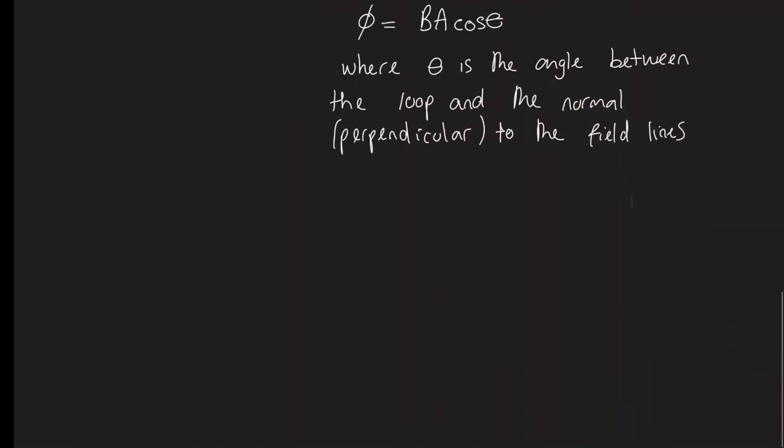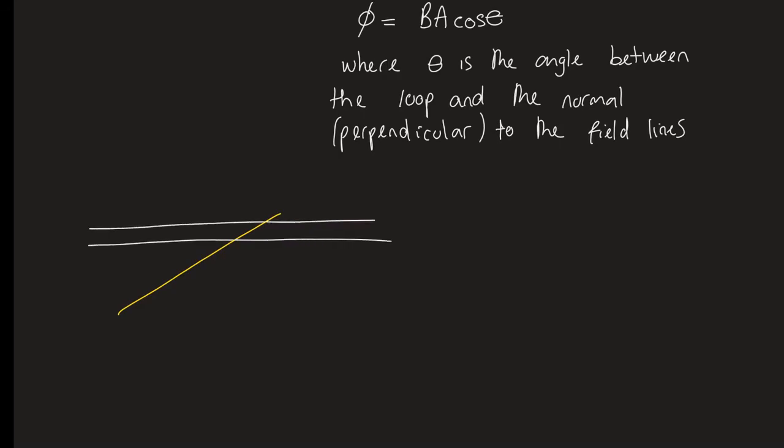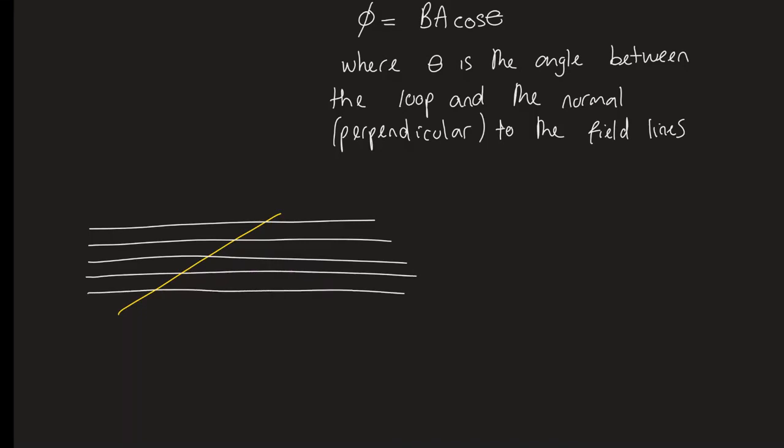Okay, just to draw that out, just to be completely clear, here's our rotated loop. Here are our magnetic field lines passing through that loop from left to right. Just put arrows on these. The angle of rotation is the angle theta there.